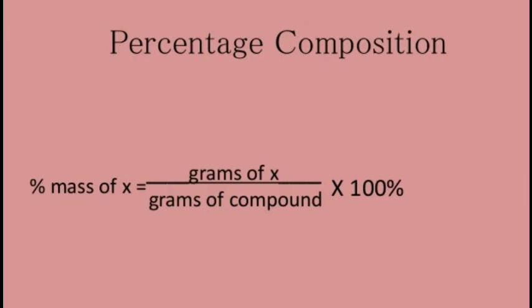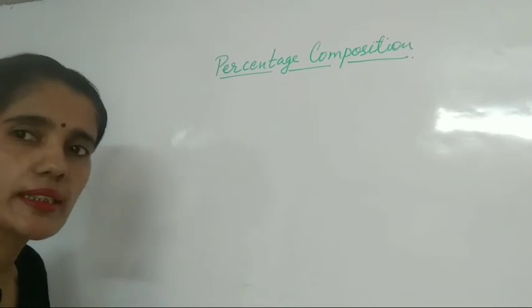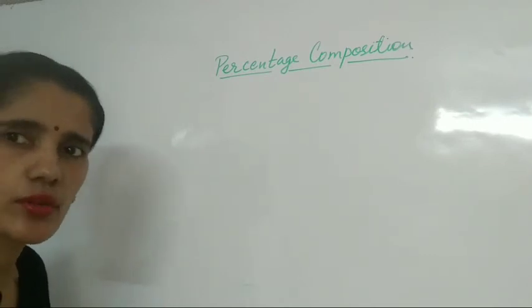Then we will get the percentage composition of that element. When we talk about percentage, the overall percent of all the elements present in that compound should be equal to 100. Clear? For percentage composition, I have given you the formula.